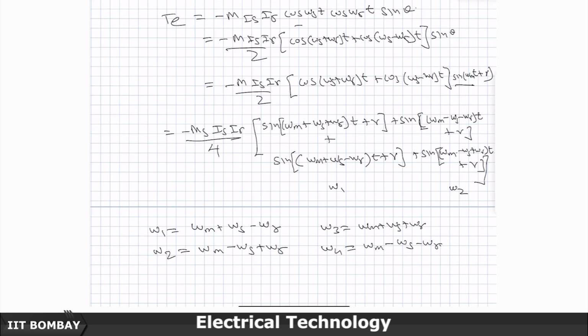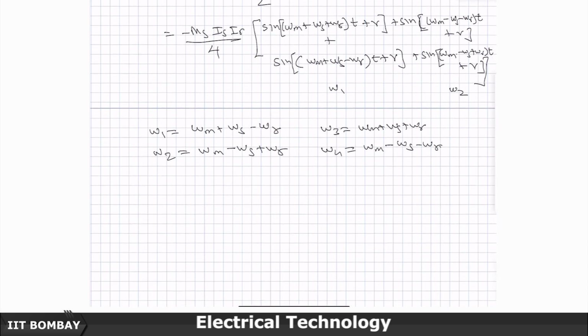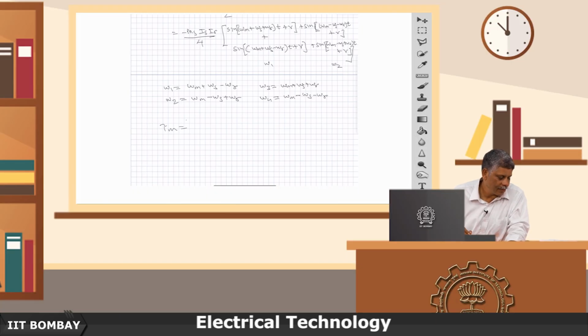So, we will get T_m, the electromechanical torque, as minus M I_s I_r times sin of omega_1 t plus gamma, plus sin of omega_2 t plus gamma, plus sin of omega_3 t plus gamma, plus sin of omega_4 t plus gamma.